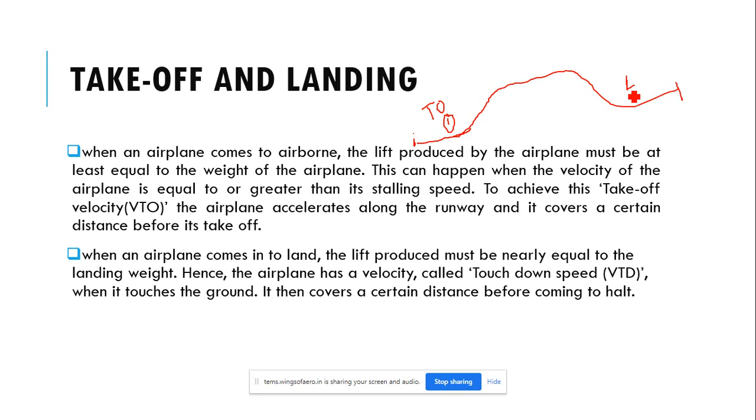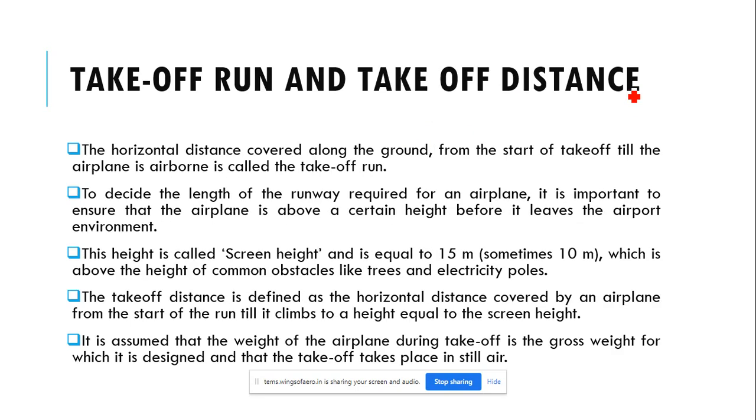When an aircraft comes to land, it will be flying at some velocity. That velocity is called touchdown velocity, the velocity when the aircraft touches down on the ground. So two types of speeds: one is takeoff speed or takeoff velocity, and the next one is touchdown velocity or touchdown speed.